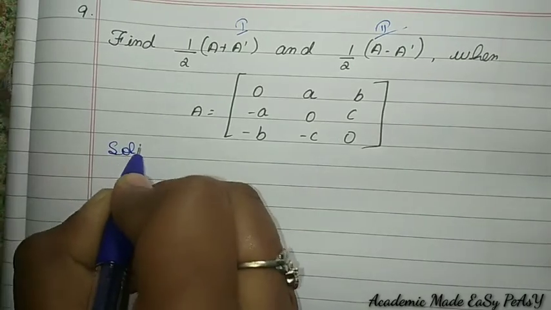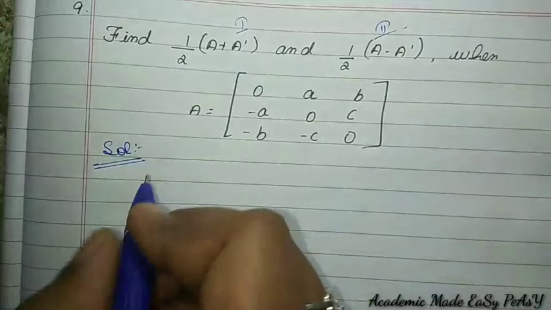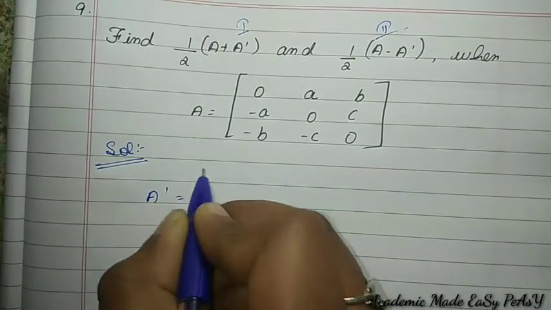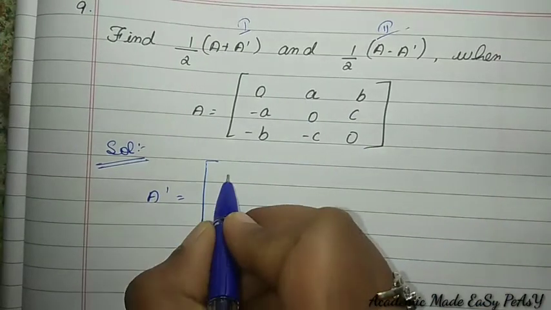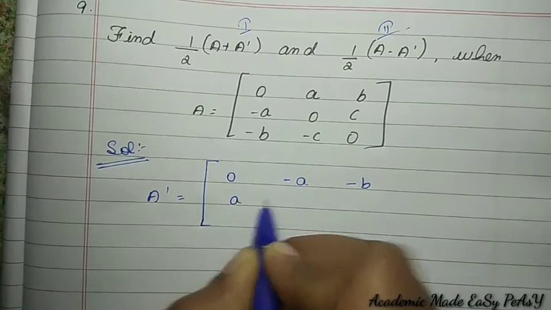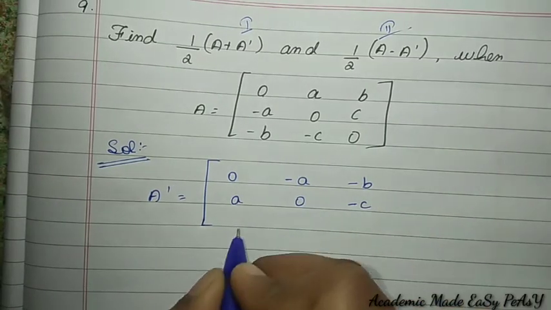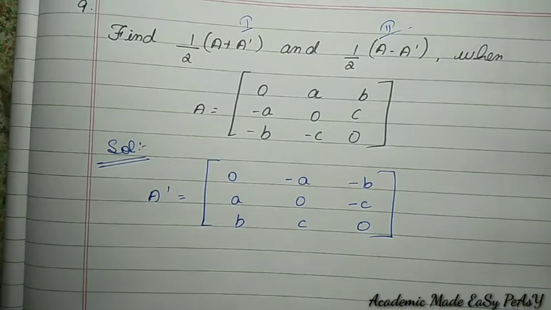Before starting those two, let us find A transpose, which is common in both. So A is given, A transpose let us find. A transpose is 0, minus A, minus B; A, 0, minus C; B, C, 0. So this will be A transpose.